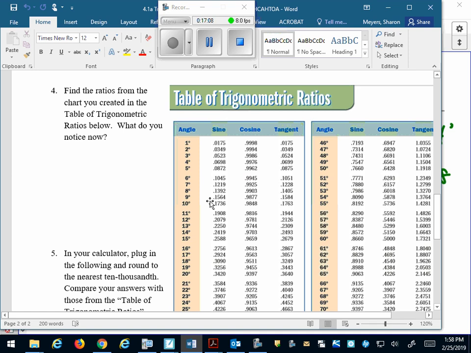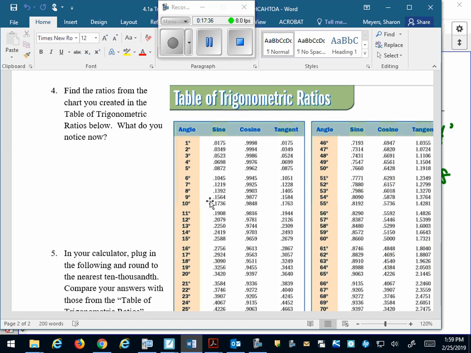The sine of 1 degree is 0.0175. Can you see these numbers? The cosine of 1 degree is 0.9998. The tangent of 1 degree is 0.0175. All of the angles are calculated here, 1 through 89. Those are all the acute angles that you could have. Now, granted, there are no decimal angles like 32.7 degrees here, but all of the whole angles are here.